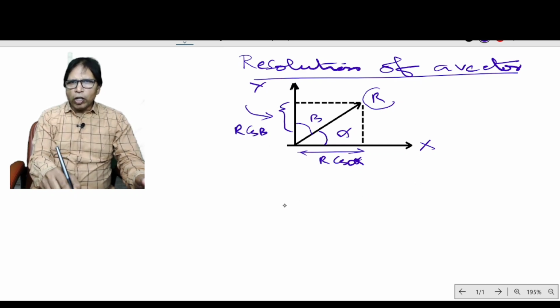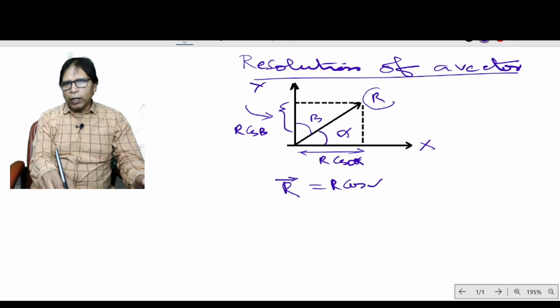Therefore, the component of the r vector along the x-axis is r cos alpha. If i cap is the unit vector along the x-axis and j cap is the unit vector along the y-axis, then r vector = r cos alpha i cap + r cos beta j cap. No problem.